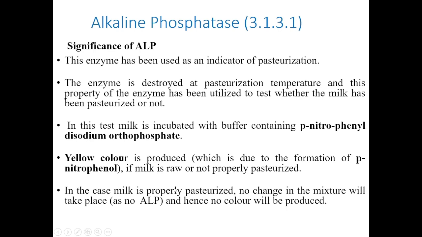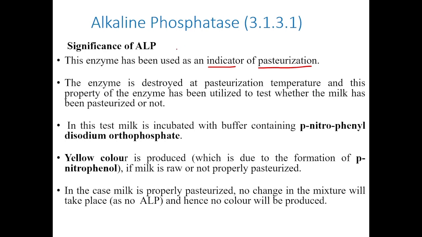Now if you see the significance of alkaline phosphatase, it is written that this enzyme has been used as an indicator of pasteurization. We know that alkaline phosphatase destruction temperature is slightly higher as compared to the temperature of destruction of the indicator organism for pasteurization, which is Coxiella burnetii.